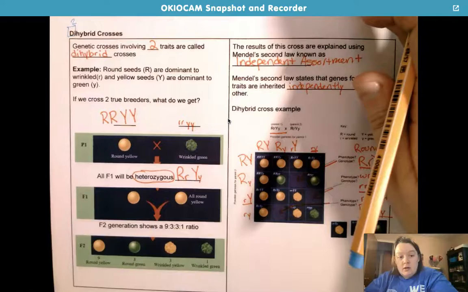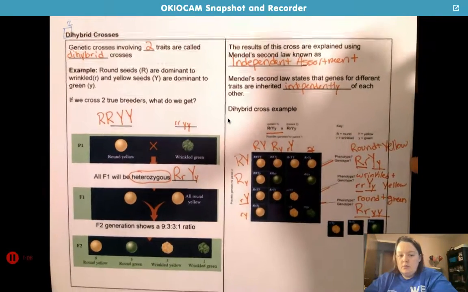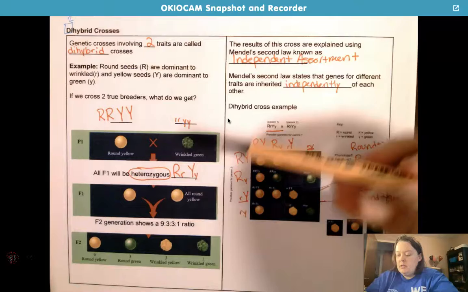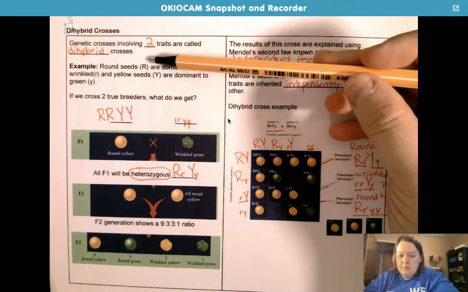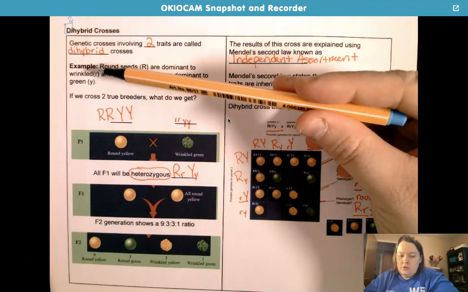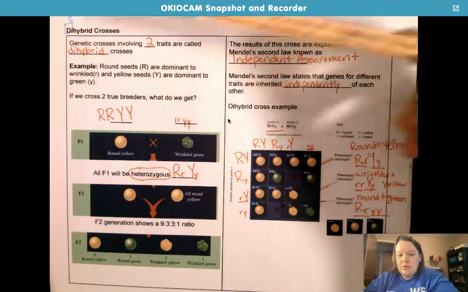We're going back to Gregor Mendel. Gregor Mendel did monohybrid crosses, and he also did dihybrid crosses. So when he looked at his pea plants, he could look to see if the seeds were round or wrinkled, so the shape of the seeds, but he could also look and see if the seeds were yellow or green.